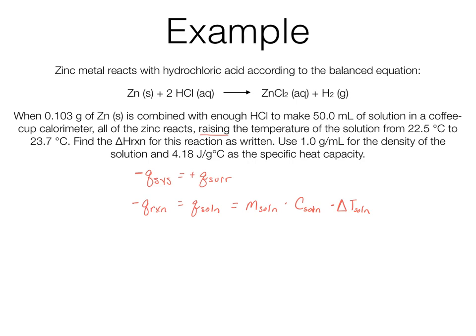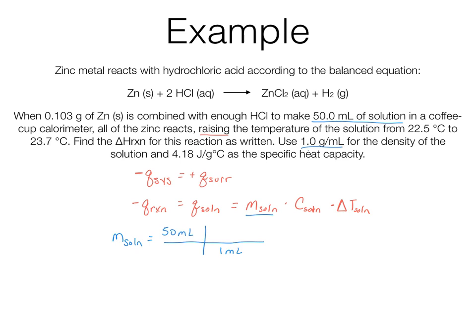So let's start finding these different variables. So the mass of the solution, we know from the problem that there are 50 milliliters of solution. So I have 50 milliliters, but I have to get this to grams. And this is where we use the density.